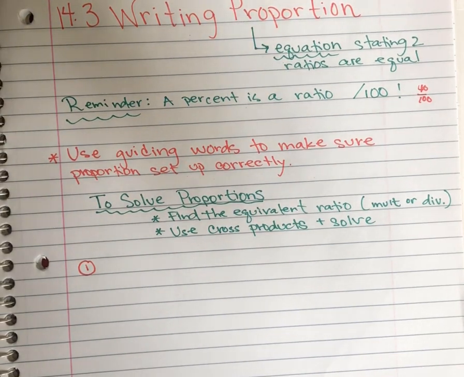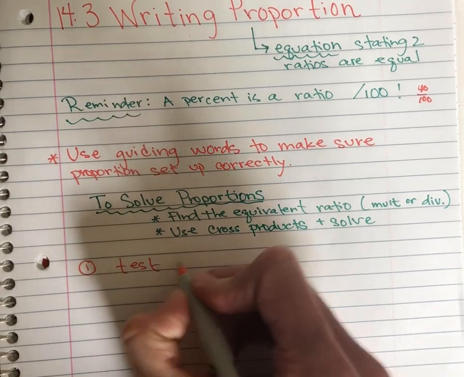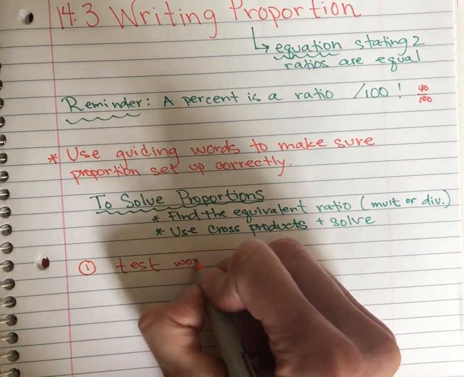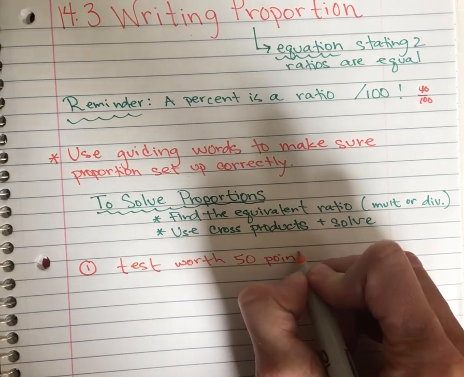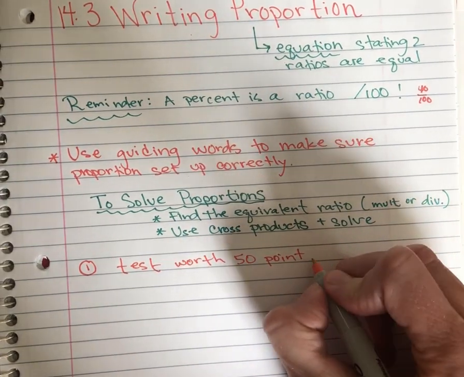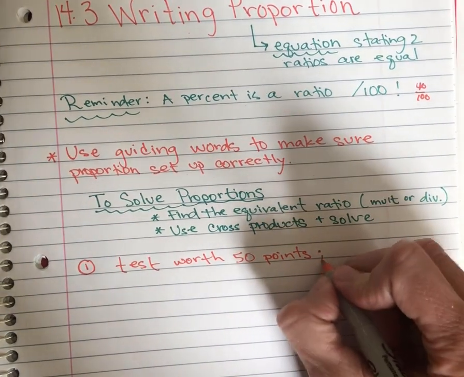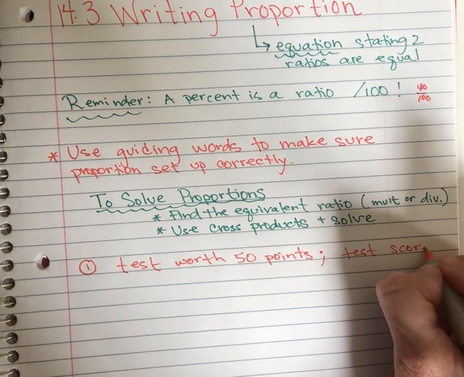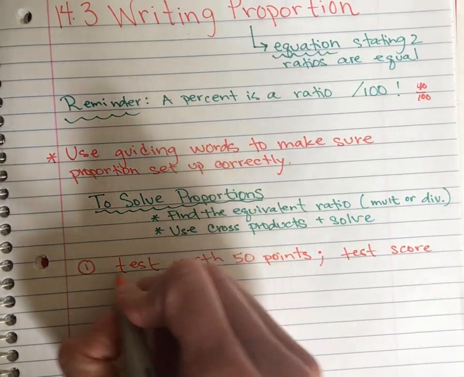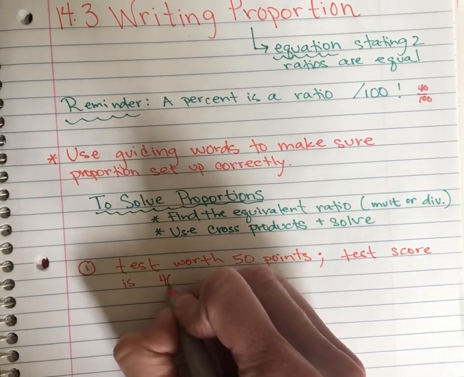the first couple. So let's say there's a test and it's worth 50 points. And the test score, let's say, is 40%.